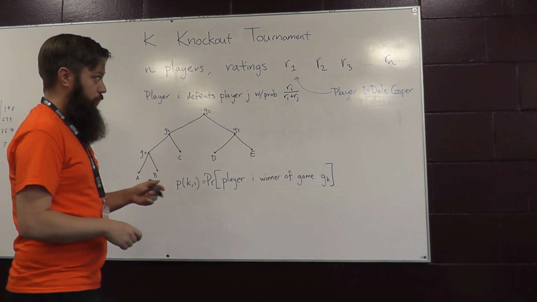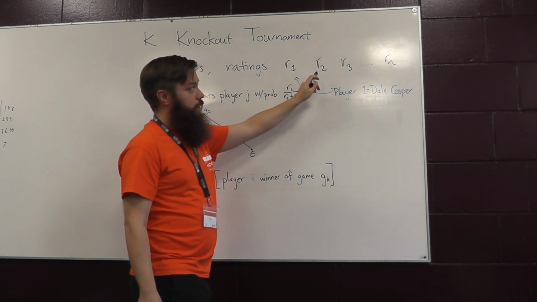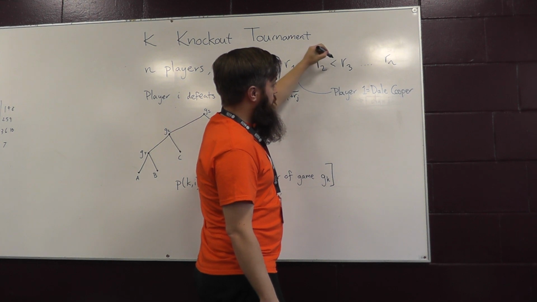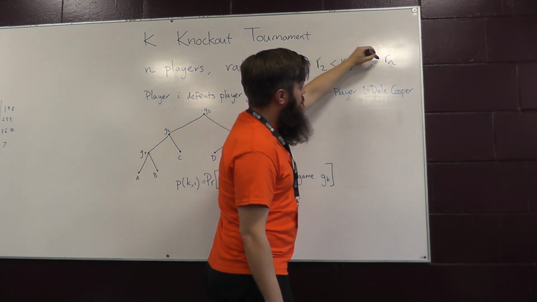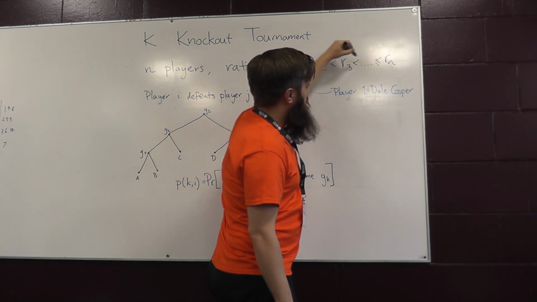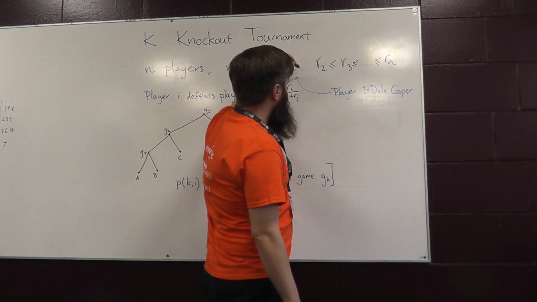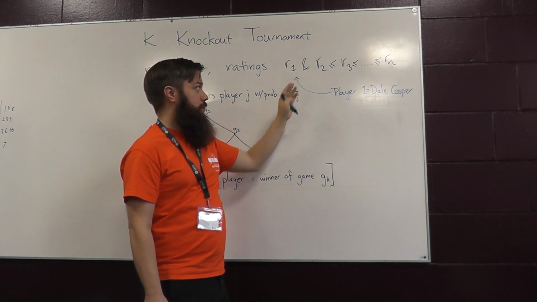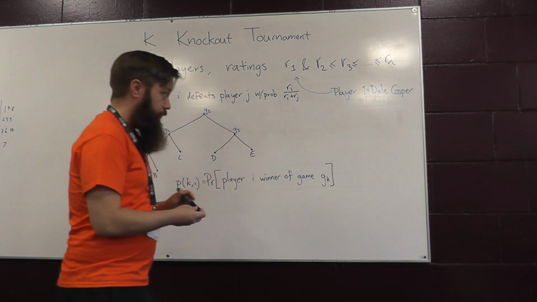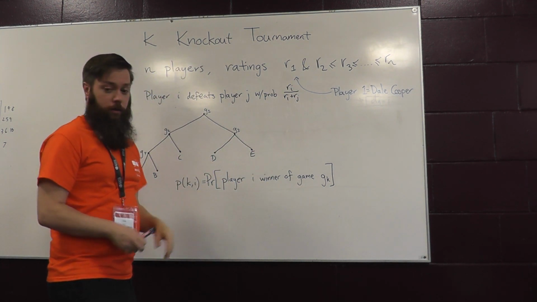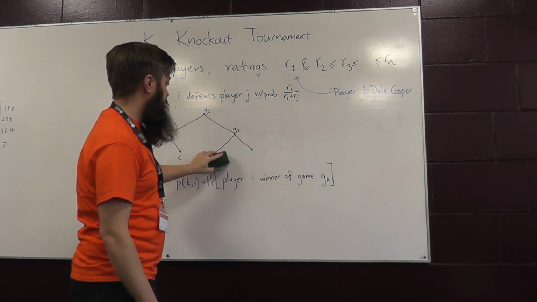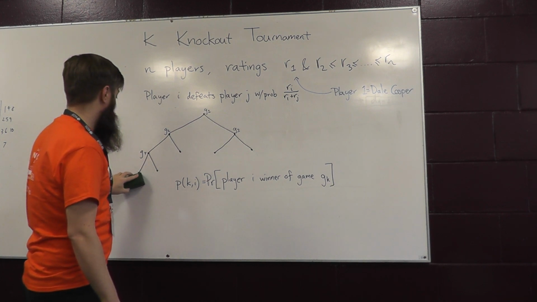Basically, you want to sort the remaining ratings, so that R2 is less than or equal to R3, up to Rn. They can be equal. R1 is separate; we don't include R1 in the sorting. With this intuition in mind, we place these on the leaves from right to left.